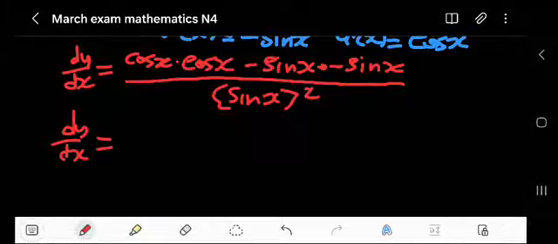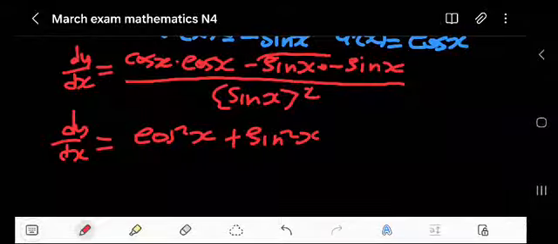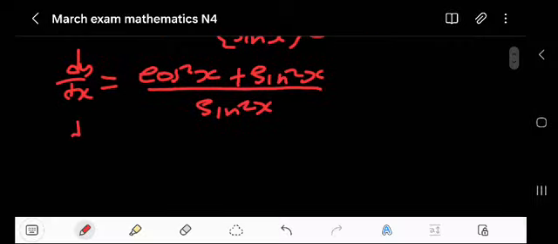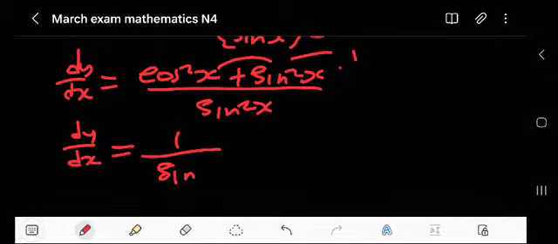This will be cos squared x, negative and negative will be positive sine squared x, all over sine squared x. So dy over dx is the same as what? Remember, from your trigonometric identity, this will be 1 over sine squared x.